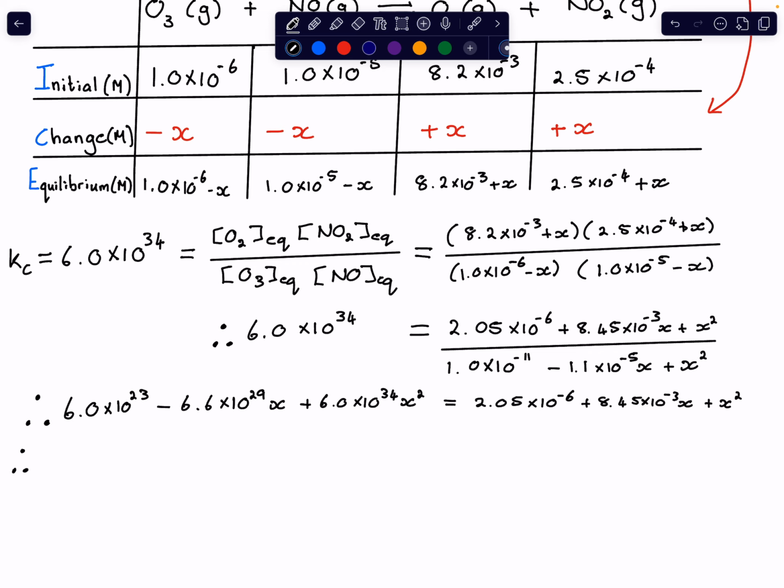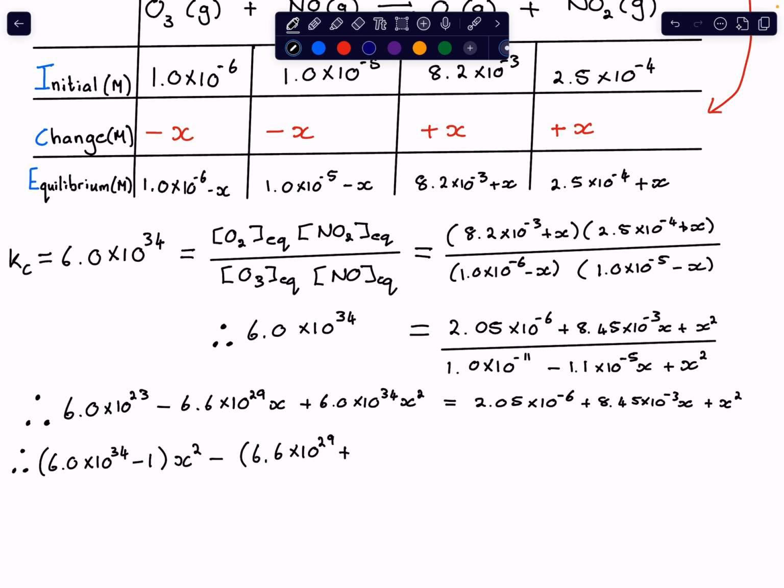I'll group the terms. So we have 6.0 times 10 to the power 34 minus 1 x squared. And we also have then minus 6.6 times 10 to the power 29.